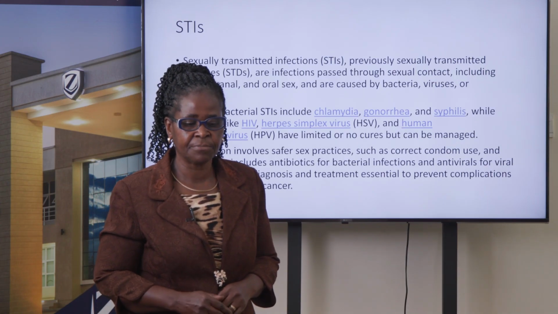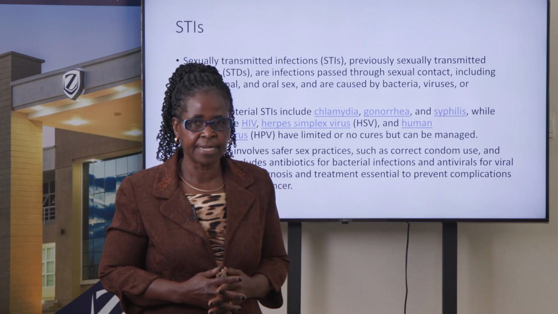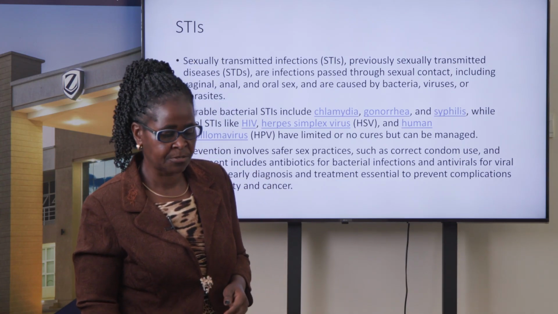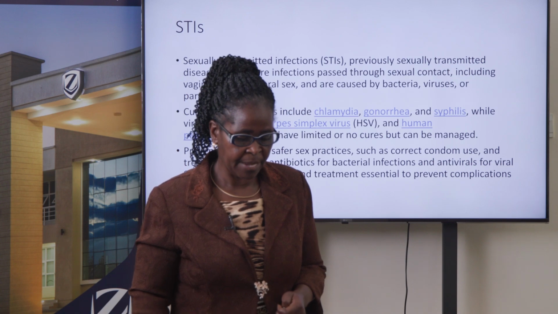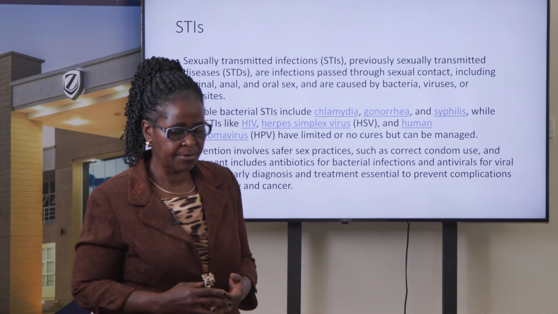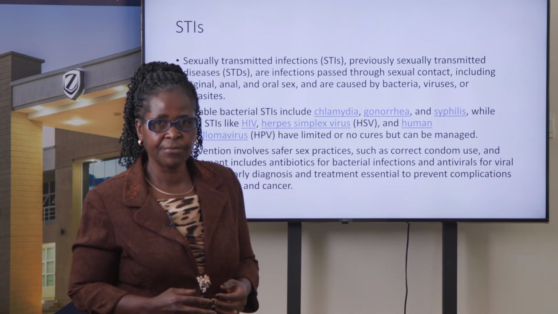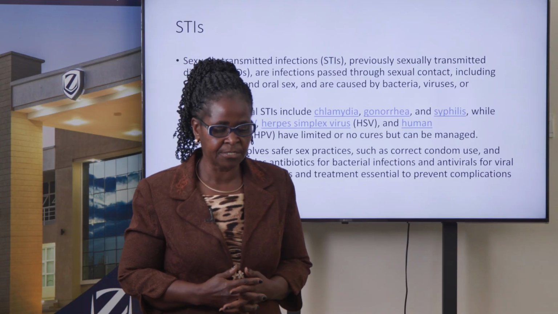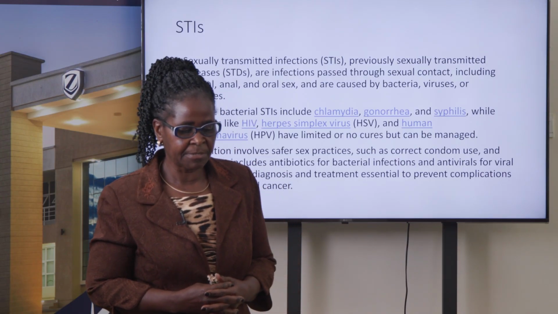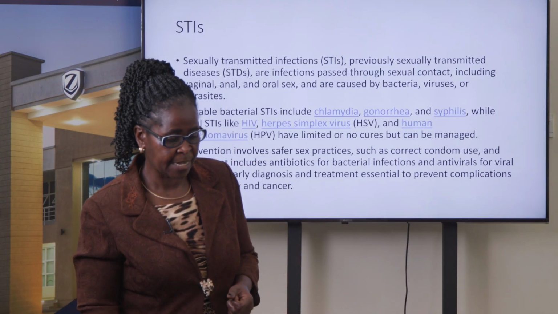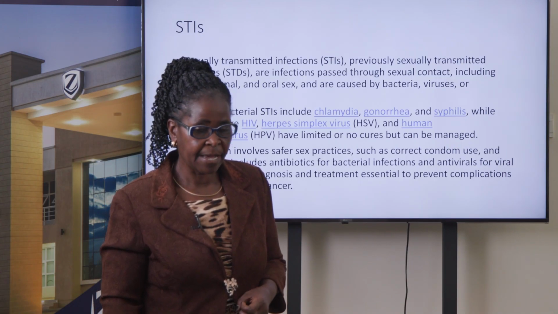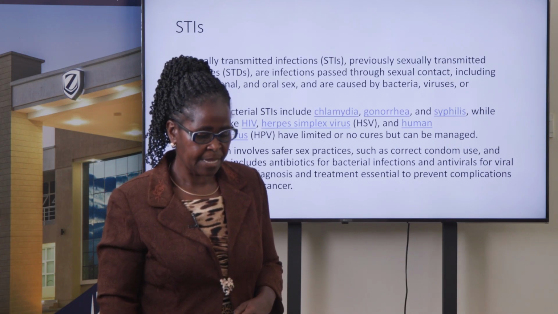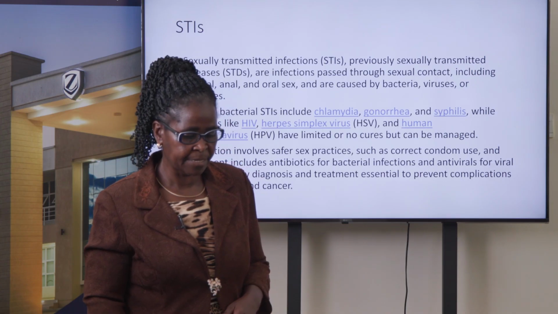And they can be caused by germs like bacteria, viruses, and also parasites. Some of them are curable, and these ones include chlamydia, gonorrhea, and syphilis, while we find others, some of the sexually transmitted infections, especially the ones caused by viruses, are not curable, like the HIV virus, the herpes simplex virus, and the human papillomavirus.